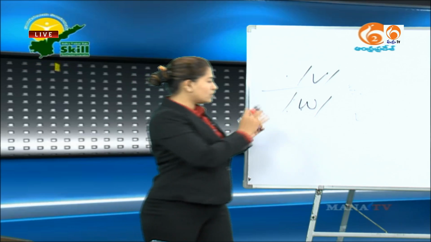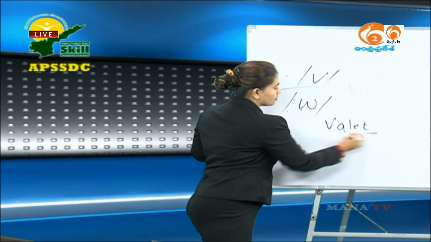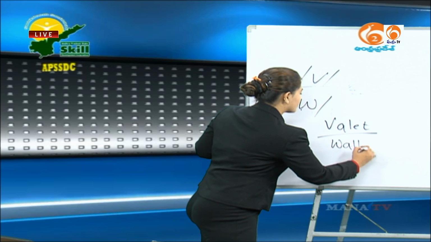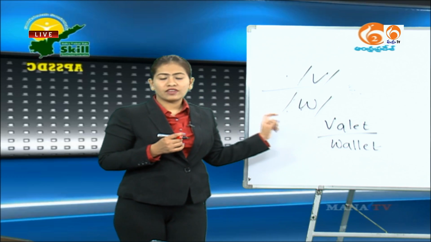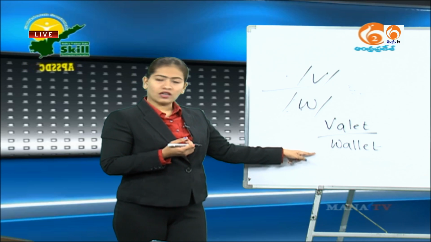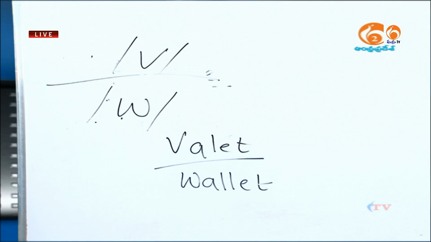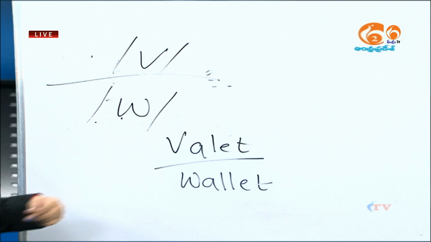So examples for this are: the first is your valet, where I bite my lower lip and I give out the sound valet. The second word is your wallet, as if I'm about to whistle, wallet. Valet, wallet. So this is valet and this is wallet. So you have to get the technique correct in order to pronounce these words correctly.